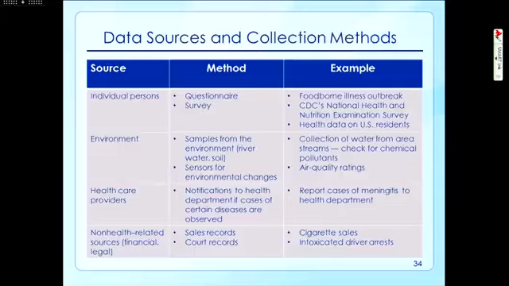And data from non-health related sources, such as financial and legal records, can also be gathered and reviewed, looking at sales, court proceedings, arrests, and so on. Examples of non-health related sources that can provide key data to public health include information on cigarette sales or records of intoxicated driver arrests.